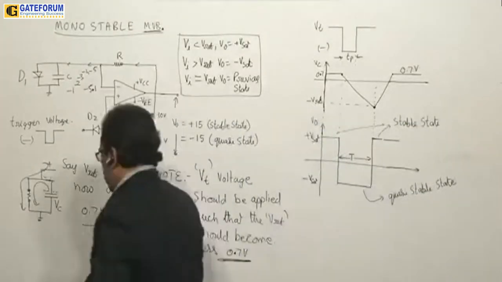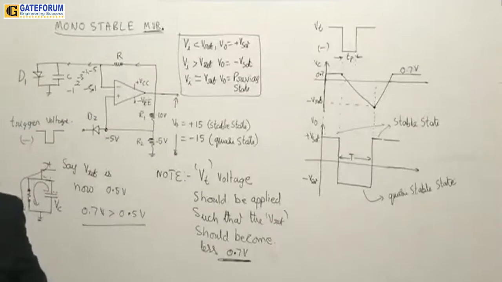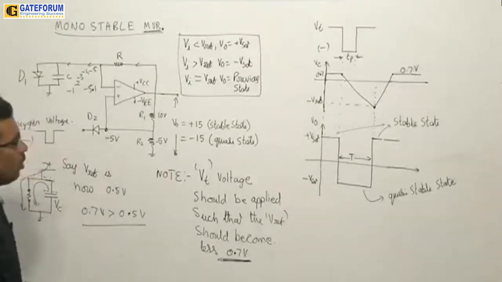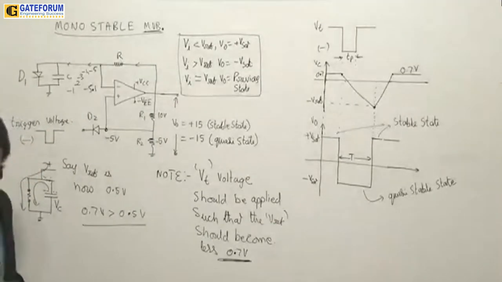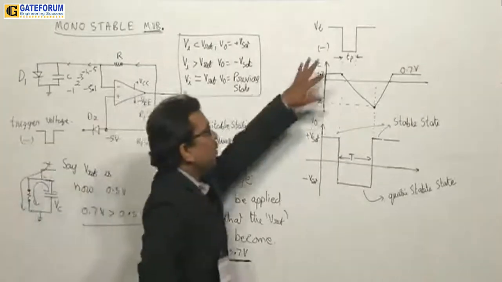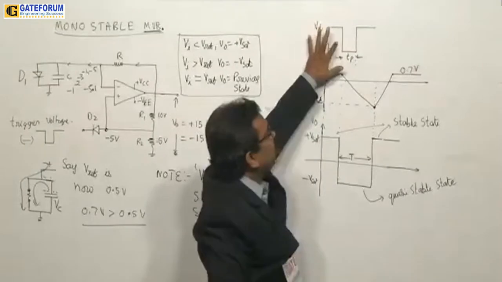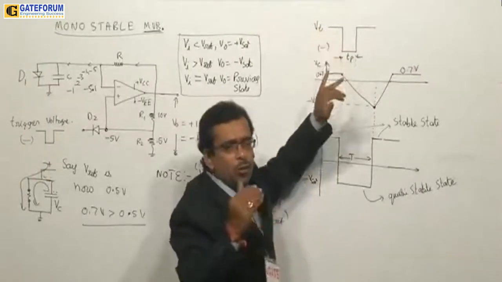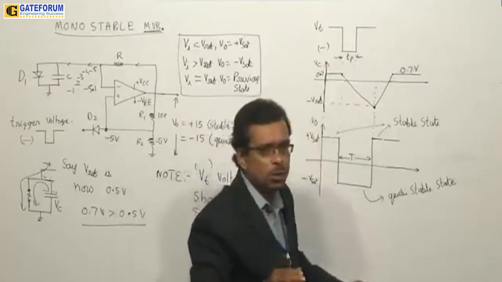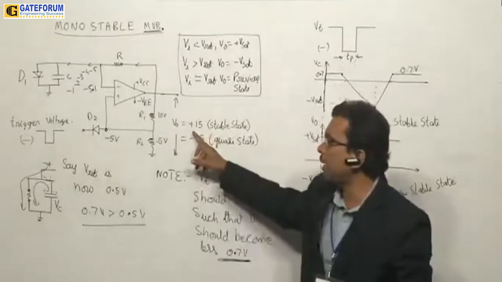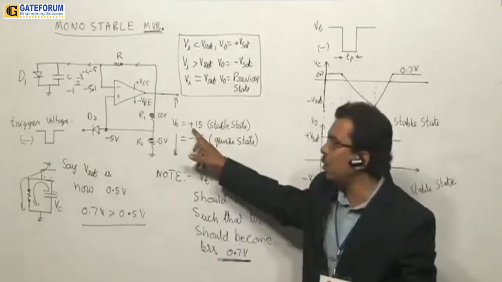Now, let us try to see here. Understand these waveforms. Once again, I put it here very clearly. This is one of the very important circuits we have. Before you give the trigger, the circuit will be in the stable state, that is, the output is in plus Vsat.